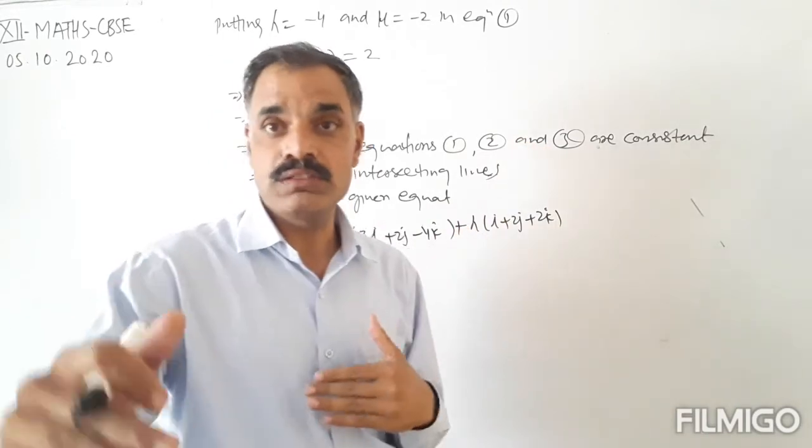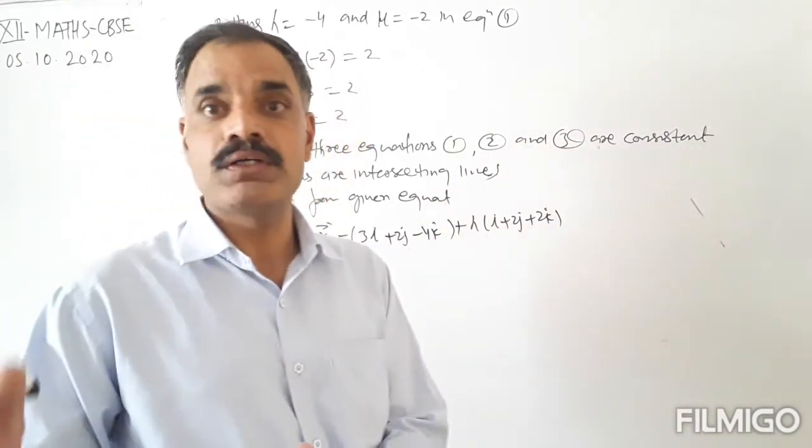Now putting lambda equals -4 in this equation, we will have the point of intersection.